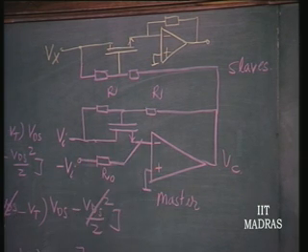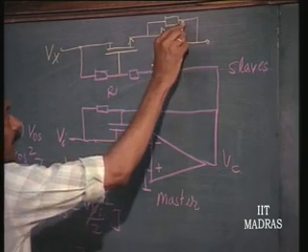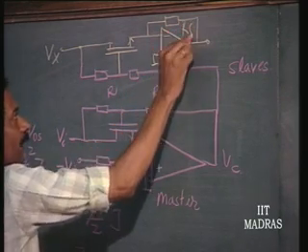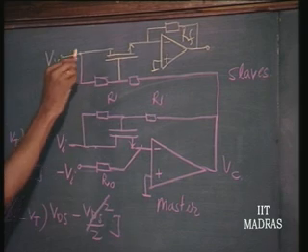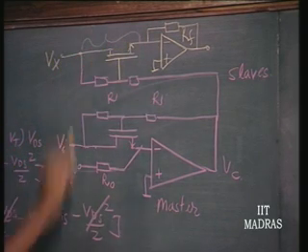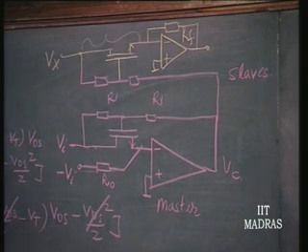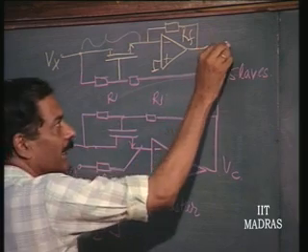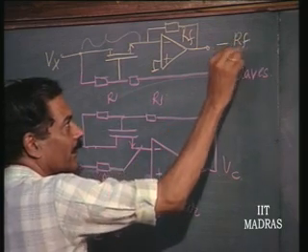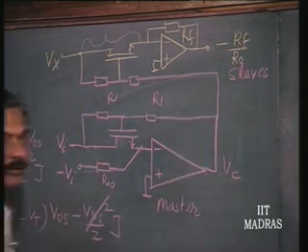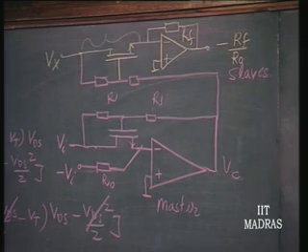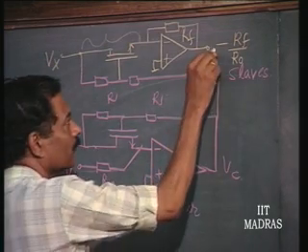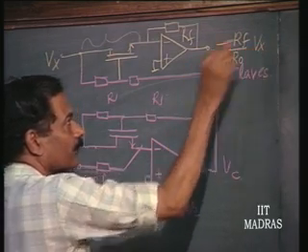So, it will remain constant forever. Let us therefore have this as R feedback, and the resistance that it is going to simulate is R naught. So, the gain of this is minus Rf divided by R naught, into Vx.